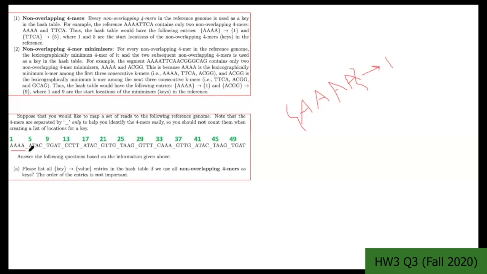Now the second k-mer will be the second subsequence here, which is A, T, A, C. Now this k-mer is located where? Since I add this 5 here, we already know the start location. You just need to count the number of characters and define the start location of such k-mer. So the first location is 5.